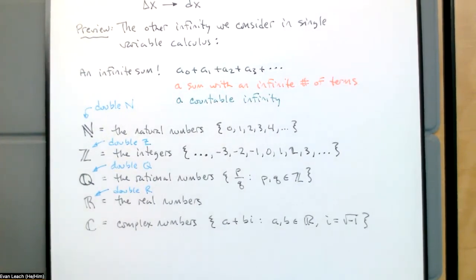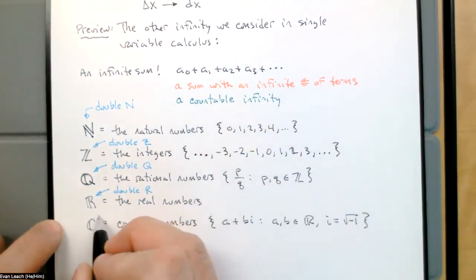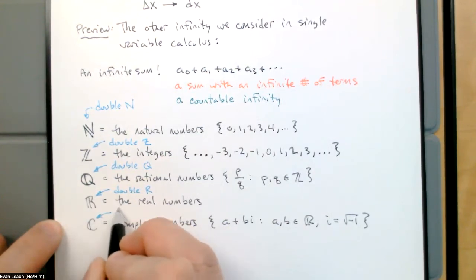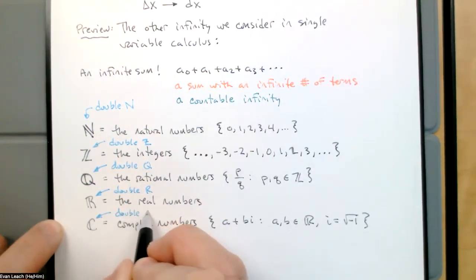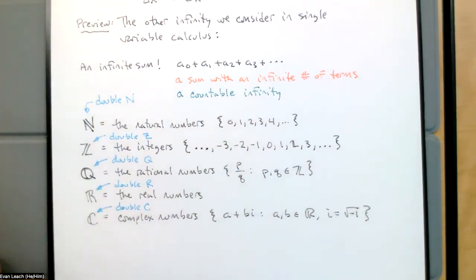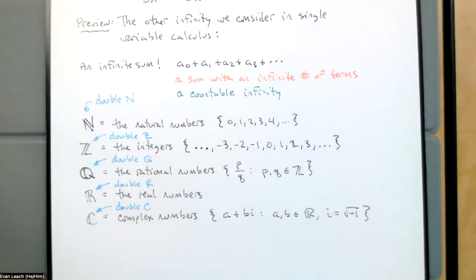We use a double C. And these are all subsets of each other.